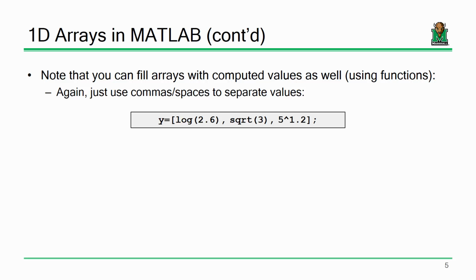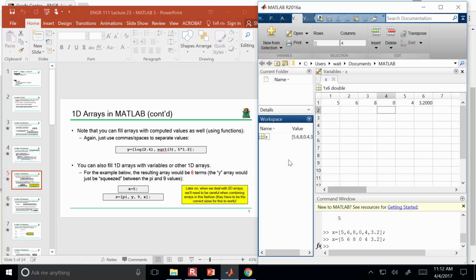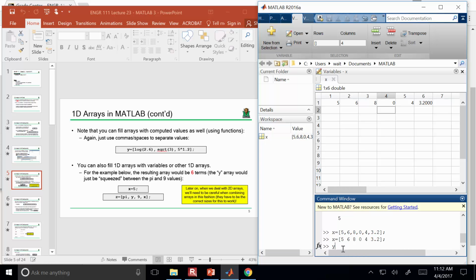But when you do those calculations, look at what it actually stores as the variable. Over here in the workspace, if we put that in, y equals log of 2.6, square root of 3, and 5 to the power of 1.2.